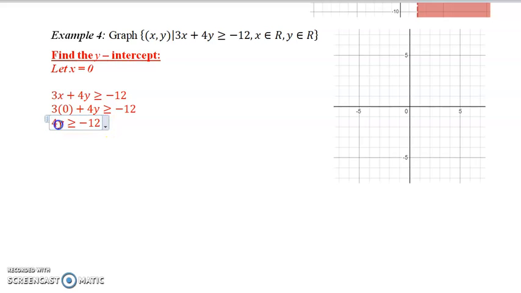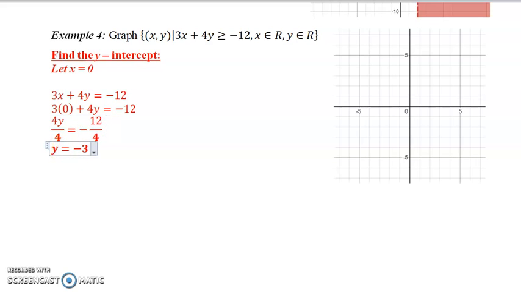Again, you don't have to show this step, but you can divide by 4. And you're left with y equal to negative 3. You can change this inequality to an equals, just for the purpose of finding the x and y intercepts.